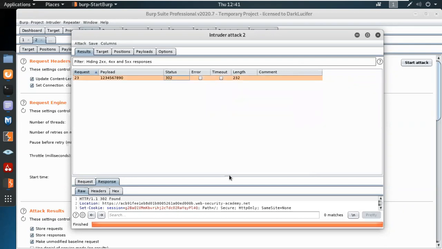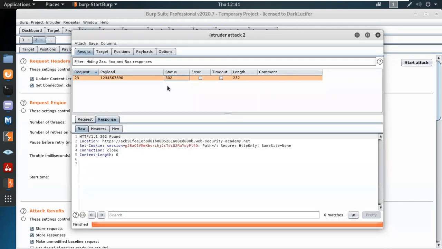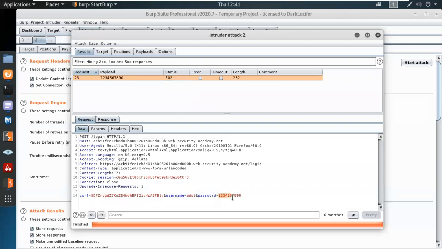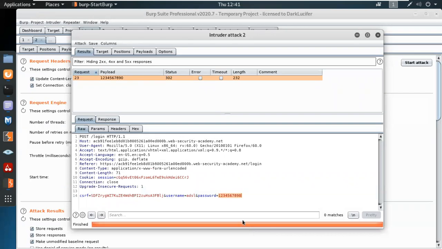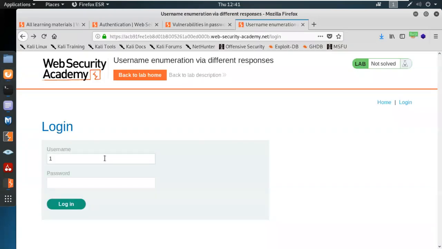300 means that this code is basically executed over there. And the password over here is my this one, ADSL. Let's try it over here. ADSL and the password 1209.